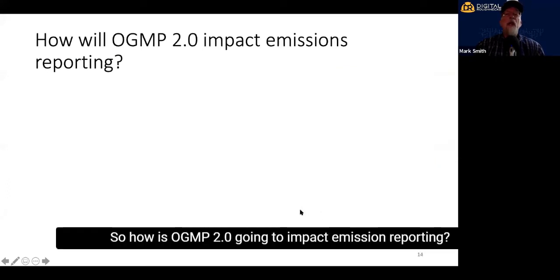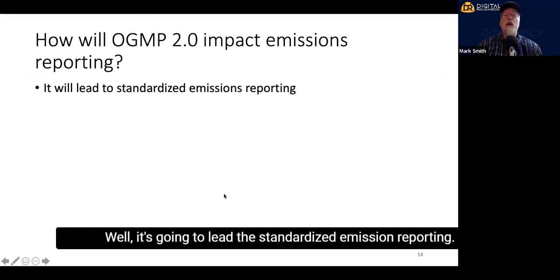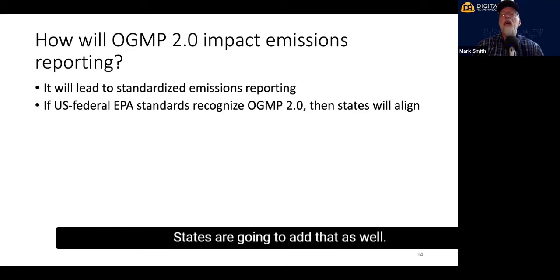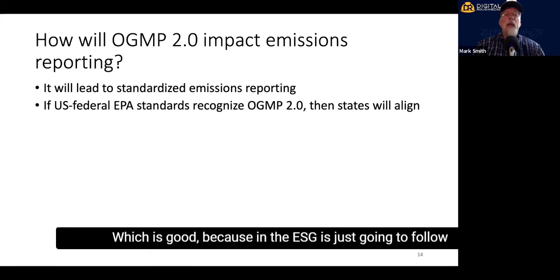So how is OGMP 2.0 going to impact emission reporting? Well, it's going to lead to standardized emission reporting. So if the US federal EPA standards recognize OGMP 2.0, then states are going to add that as well. Okay, which is good. And ESG is just going to follow suit.